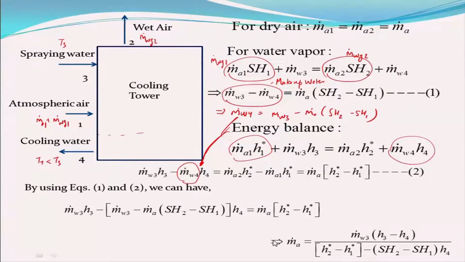So I can find the mass flow rate of air entering the cooling tower as m_w3 (h3 minus h4) divided by (h2 minus h1) minus (ω2 minus ω1) h4. This way we can calculate it using this expression.